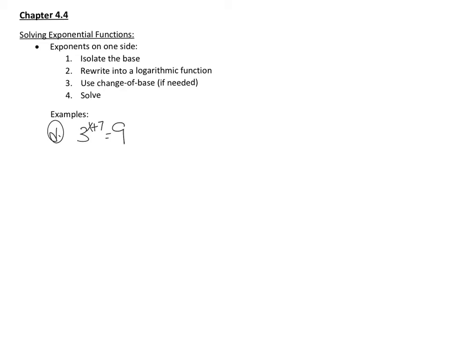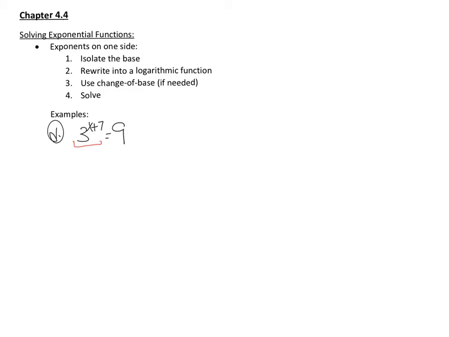All right, so what I notice here is I've got an exponent on one side of the equation. So what I want to do here is isolate the base, which this one is already isolated. What I mean by that is that the only thing I have on one side is the base and the exponent. Once I've done that, I want to rewrite this into a logarithmic function.